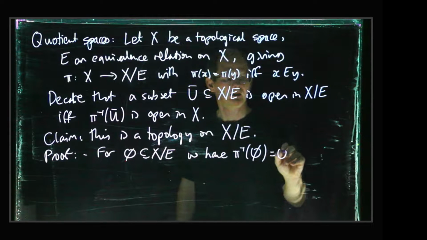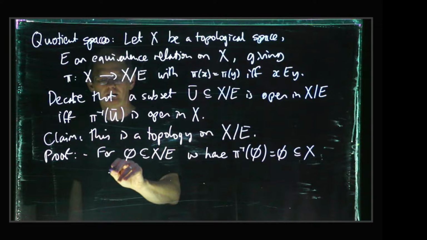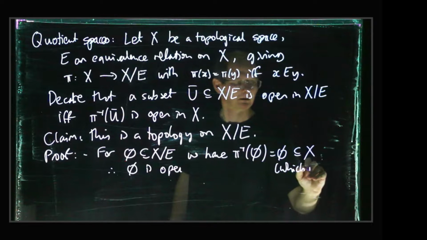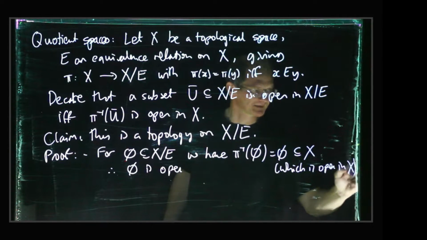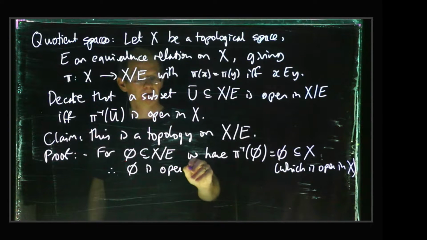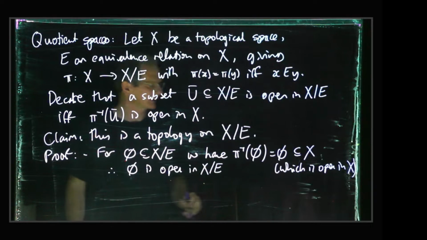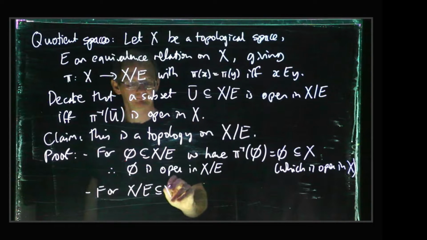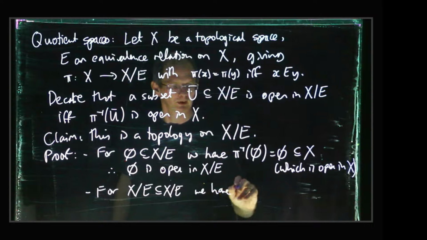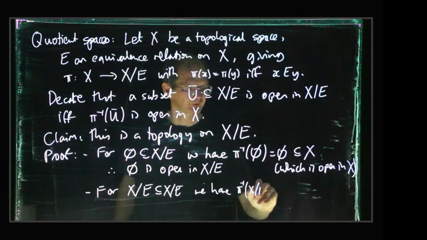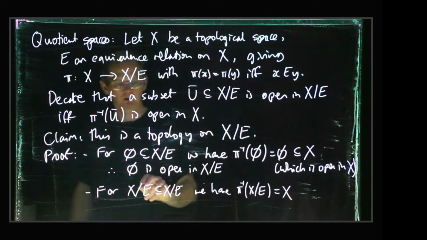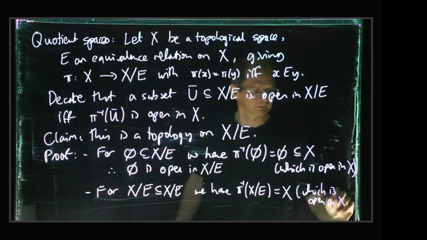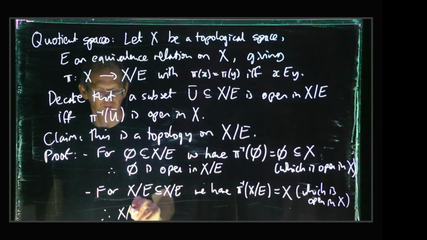So this is the empty subset of X, and of course the empty set is open in X by one of the axioms of topology on X. So the empty set is open in X mod E. And for the full space, the pre-image of the full space X mod E is just all of X, and that's open in X. So that means that X mod E is open in X mod E.